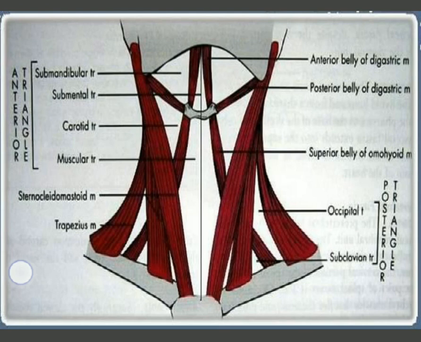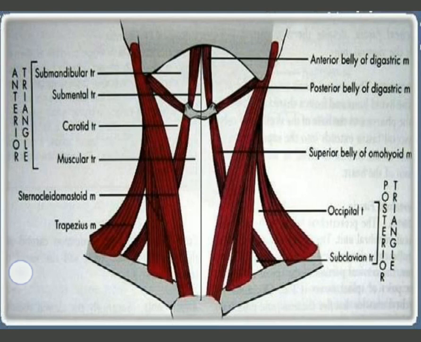The medial boundary is the anterior median plane of the neck. This is that plane. And on either side, the lateral boundary is formed by the anterior border of the sternocleidomastoid muscle. Also the triangle is subdivided by the digastric and the superior belly of omohyoid into four different triangles.